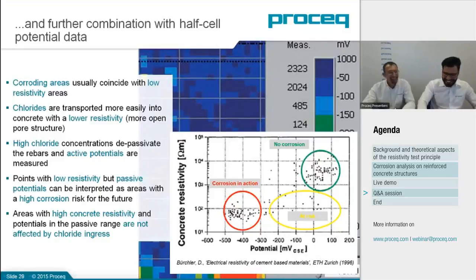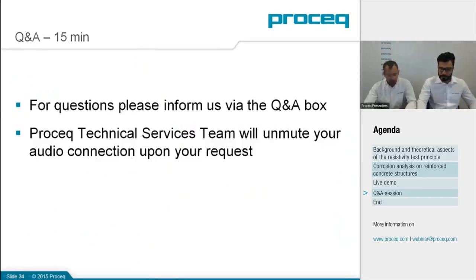Okay. Good. All right. We actually have another question here. Guido, could you please... Sure. By using the variable spacing probe, Resipod geometric, can we vary the depth of the measuring point? Yes. Just like in geophysics, the broader the spacing, the deeper the range.